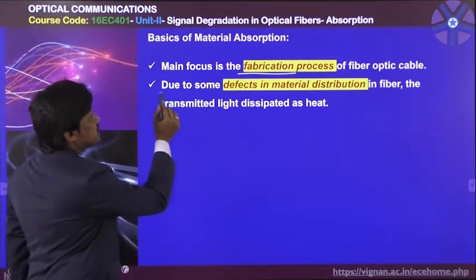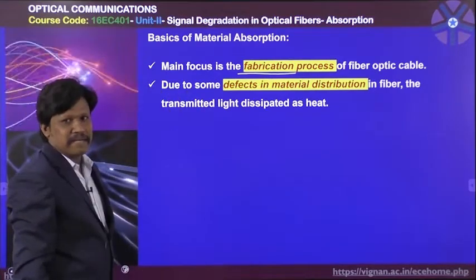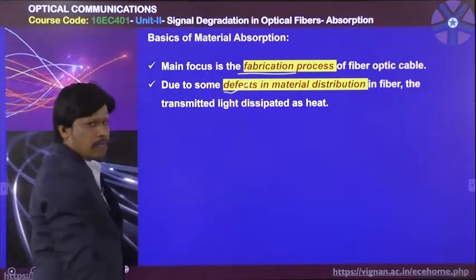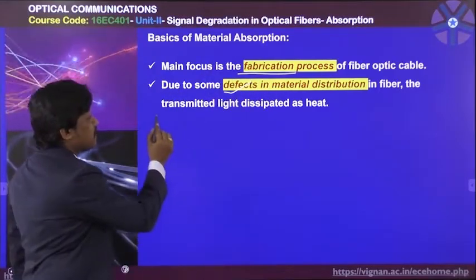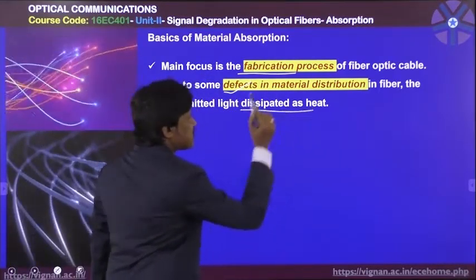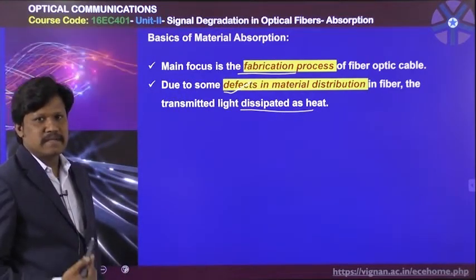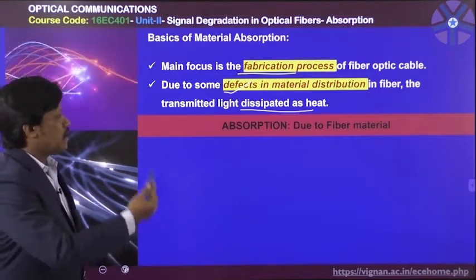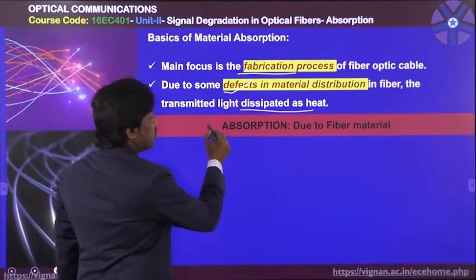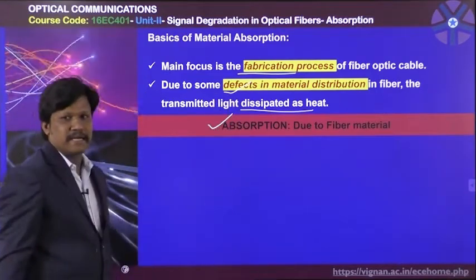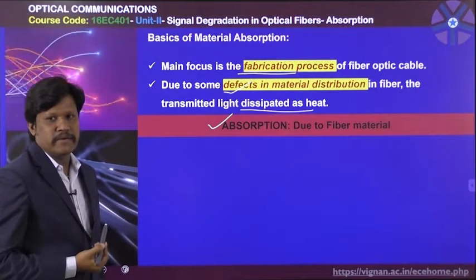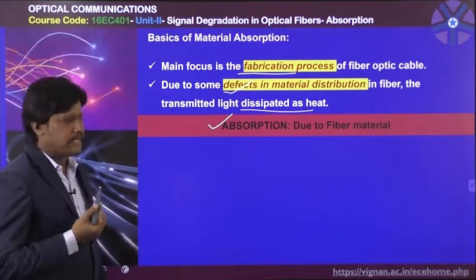Due to some defects in material distribution in the optical fiber, the transmitted light is dissipated as heat. So absorption is mainly due to the fiber material.